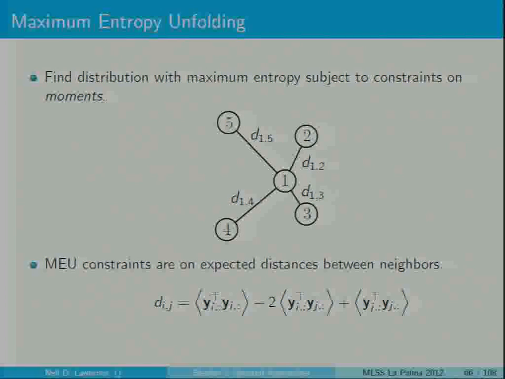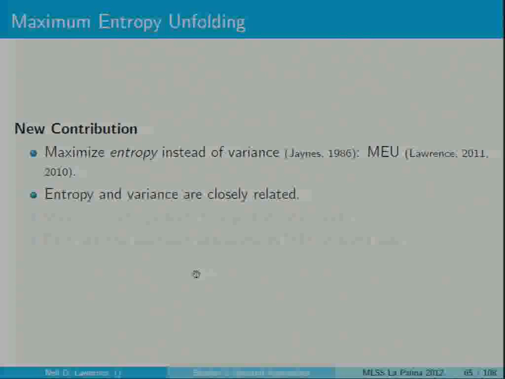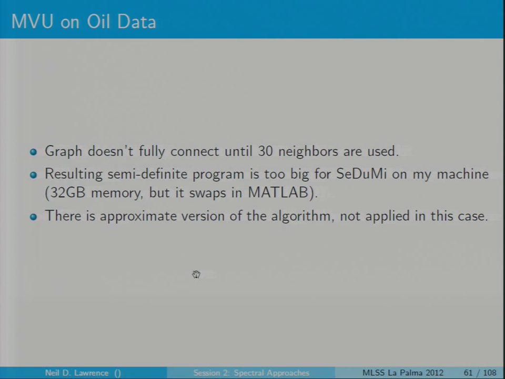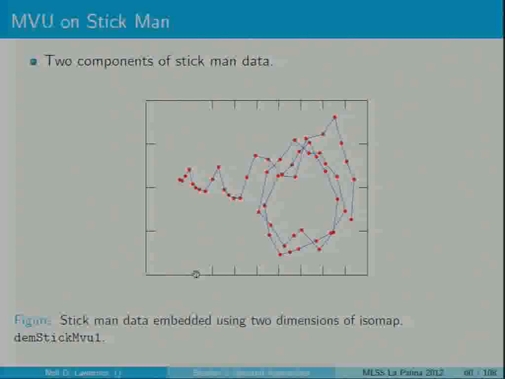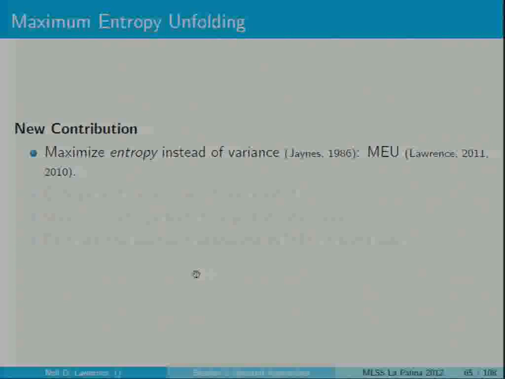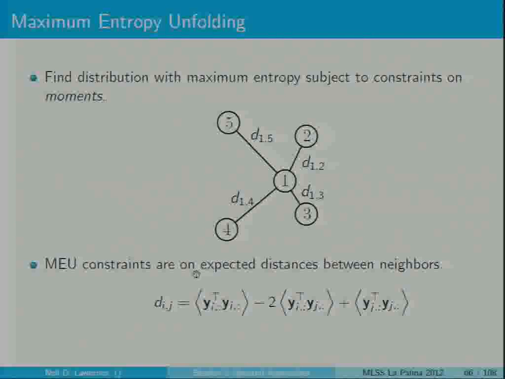Whereas before in maximum variance unfolding, we just put these distance constraints in, here we're not defining where the moments are coming from yet. We're just saying that the distribution, P of y, is going to be a probabilistic model, and P of y should be such that the moments under P of y give me the observed distances in the data for the neighbors. Is that clear?